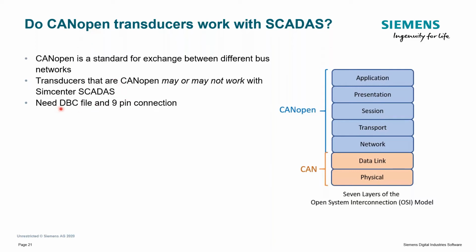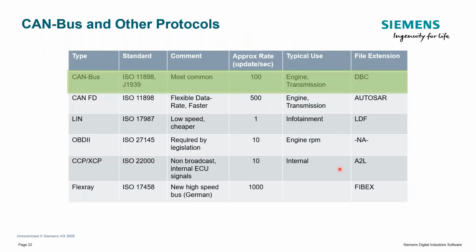The answer is only if they have a DBC file and they go over the standard 9-pin SCADAS CAN bus connection. So CANopen does not guarantee it works with your SCADAS. And really, it's not even aimed at making sure it works. It's thinking about this whole interbus communication. So I just thought I'd mention that.